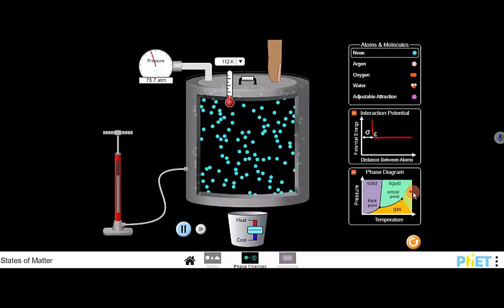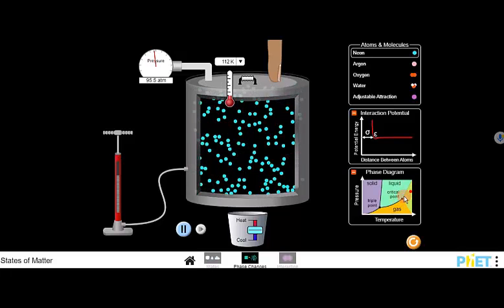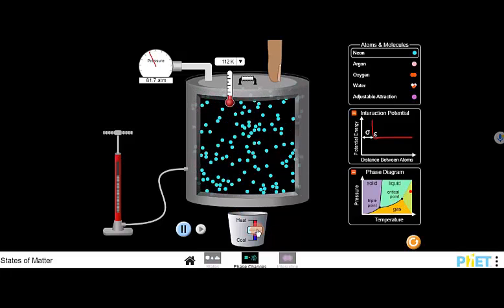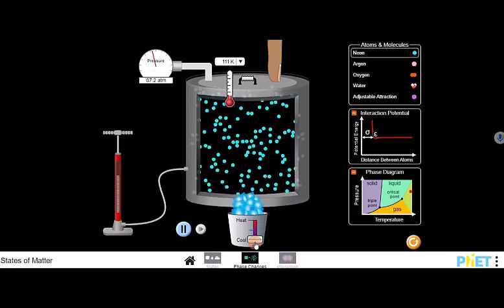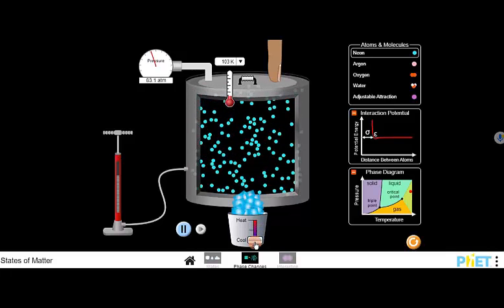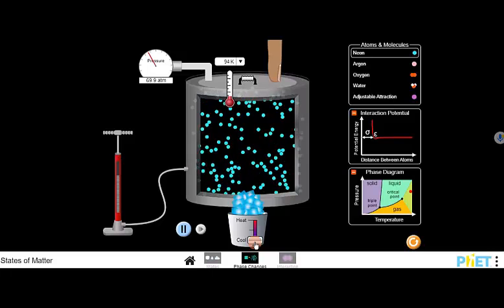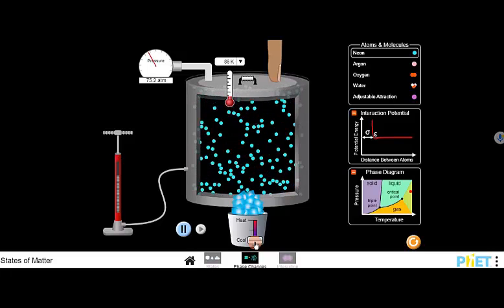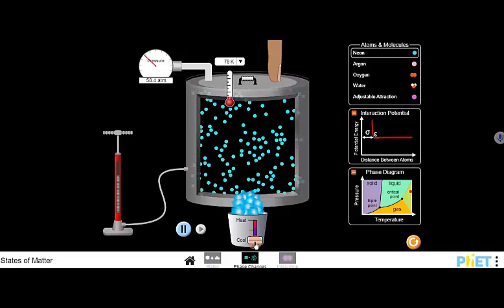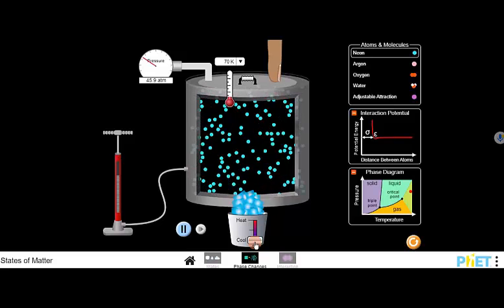Now please refer to this red dot, and see what happens if I decrease the temperature to 0 degrees Celsius. Look at the pressure and temperature, both are decreasing. And also you can refer to the red dot, what happens later.